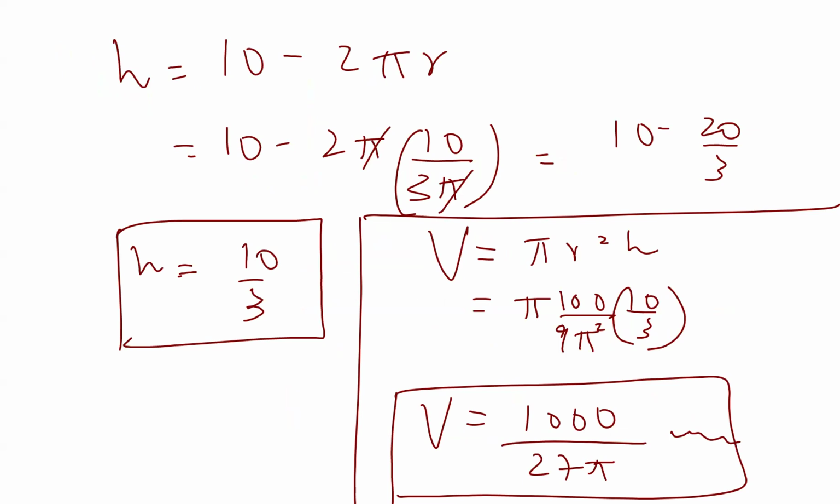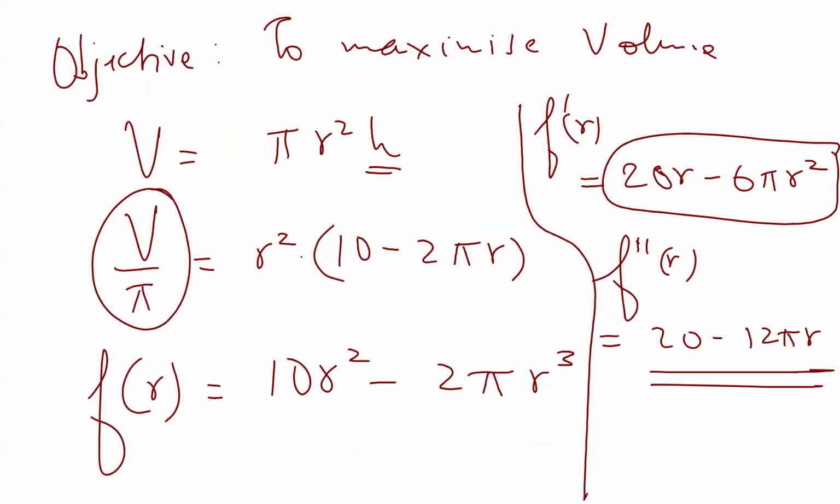Let me know if you have understood this problem. I understood, but in the starting, you had taken volume upon pi is equal to f of r. So is it okay to do that? I don't know why you did that. See, pi is a constant. To make the calculation simple, I've done that.